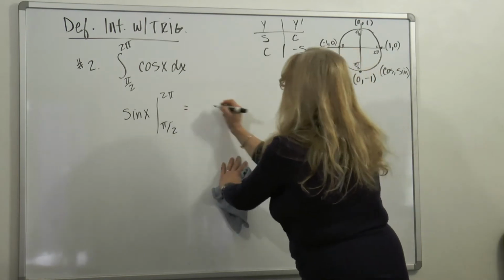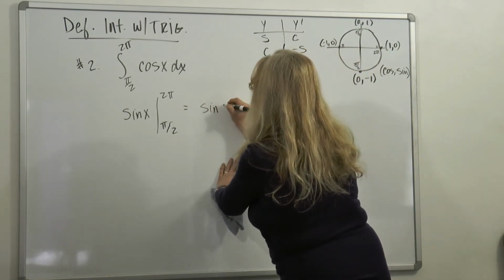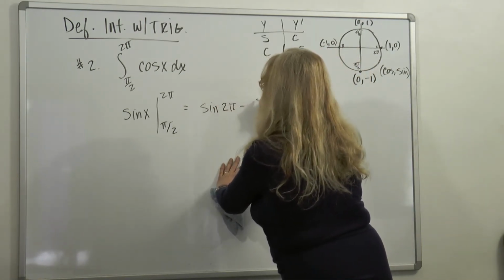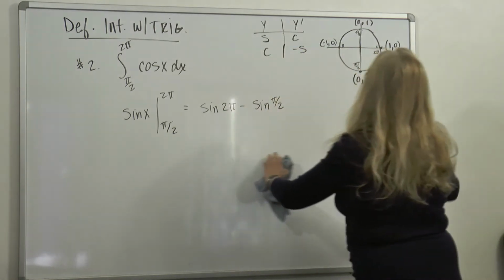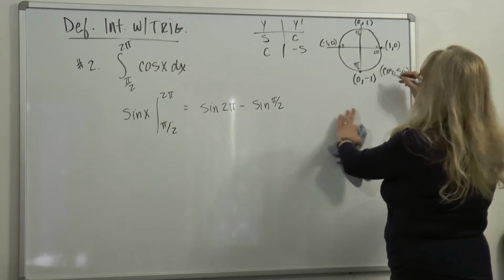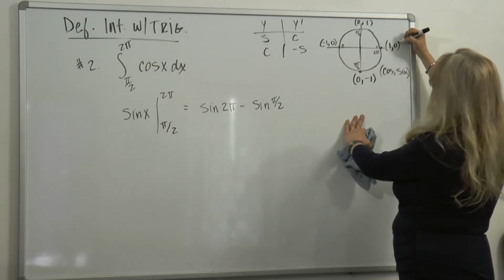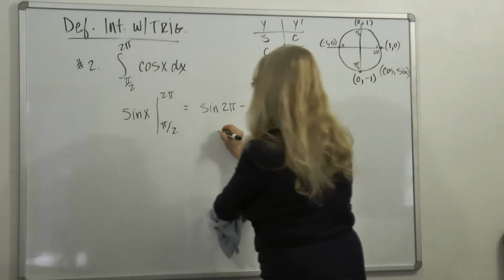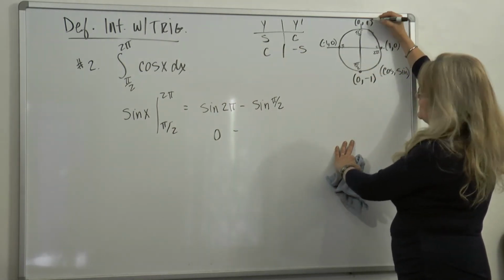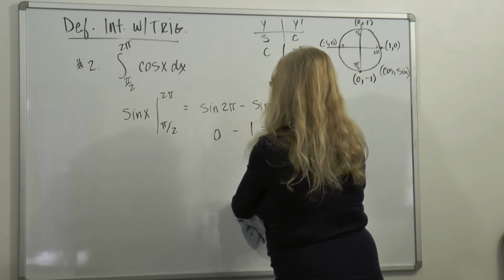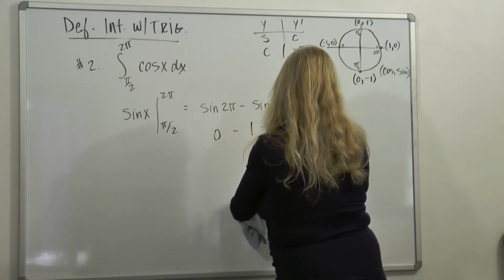So the sine of 2 pi minus the sine of pi over 2. The sine of 2 pi is 0. At pi over 2, the sine is the y value, so that's 1. So the whole thing is just negative 1.